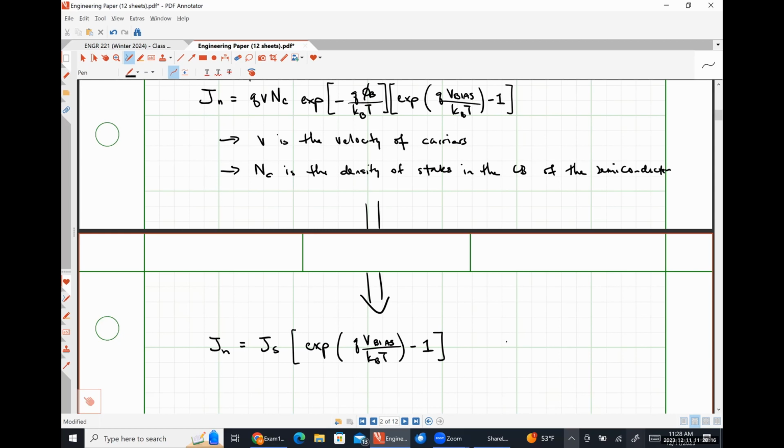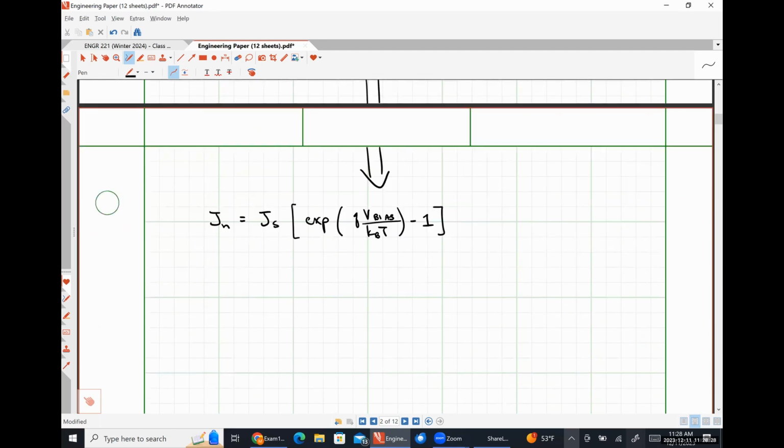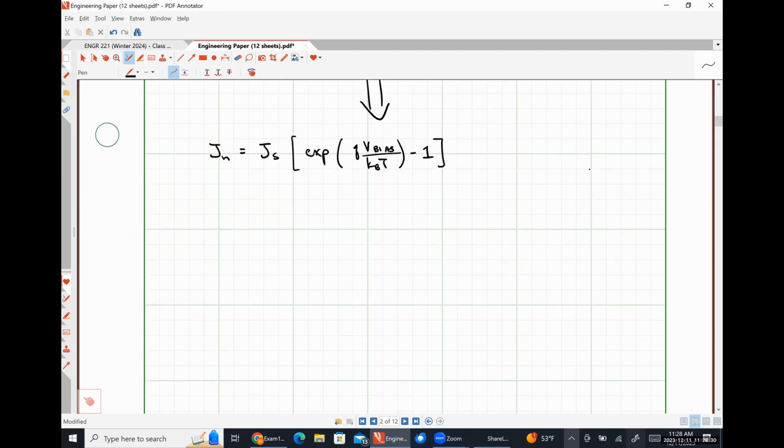So when we have a rectifying MS junction, it's just a diode as well, okay? Now let me plot this out. Our IV characteristics are going to look something like this, which is identical to our diode relationship.